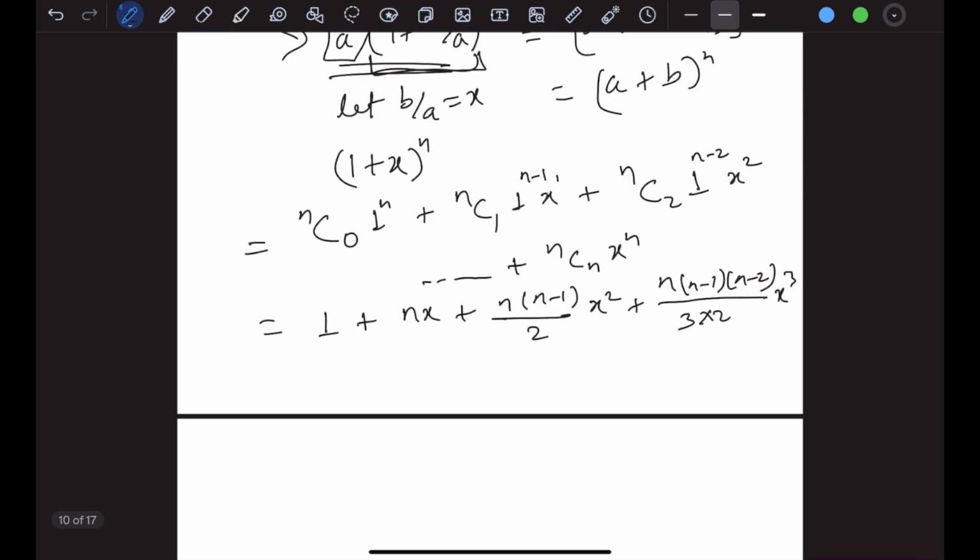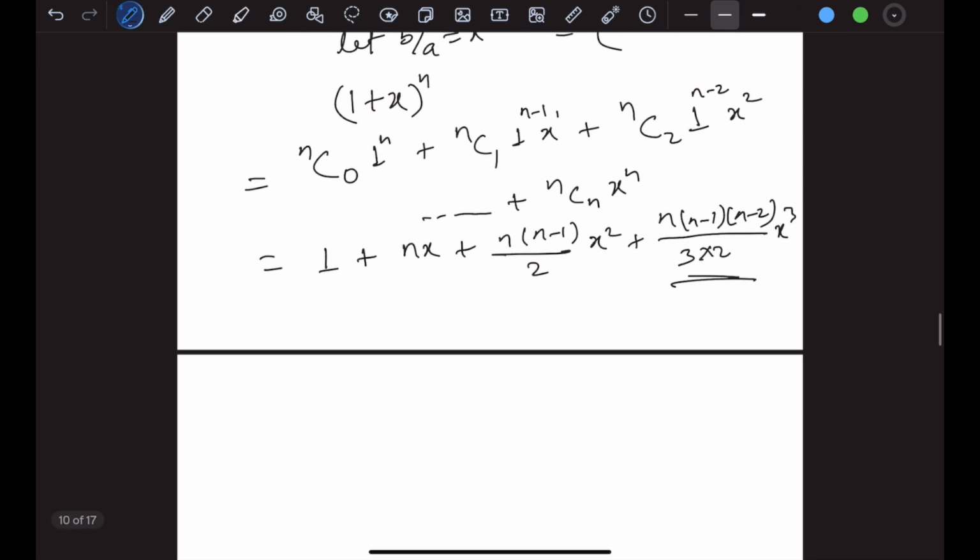Okay, how did we get this term? So nCr is basically n factorial divided by r factorial into n minus r factorial.